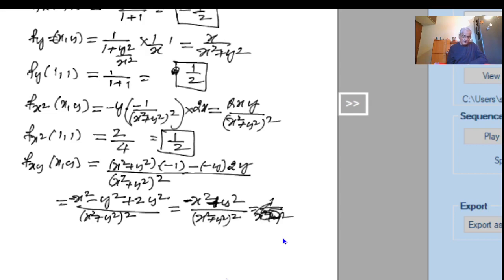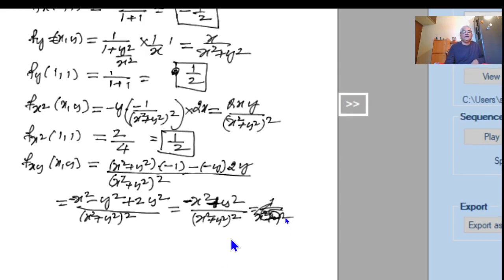This is our fxy of x, y, over x square plus y square whole square. That is, minus x square plus y square in the numerator. So this is fxy. Now fxy at the point (1, 1): if I put x equal to 1, y equal to 1, the numerator becomes 0. So fxy is equal to 0.